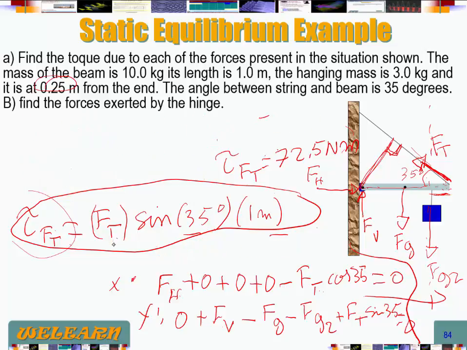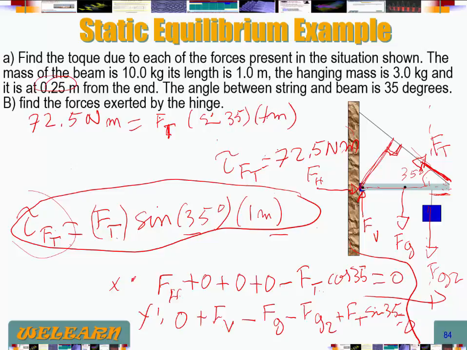Okay, solving for Ft here, so we need to write 72.5 newton meters is equal to Ft times sine of 35 times 1 meter.